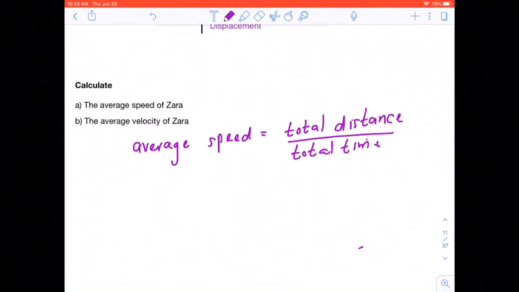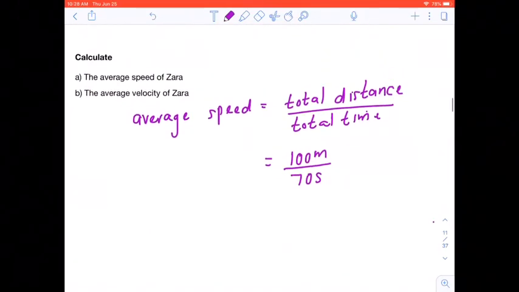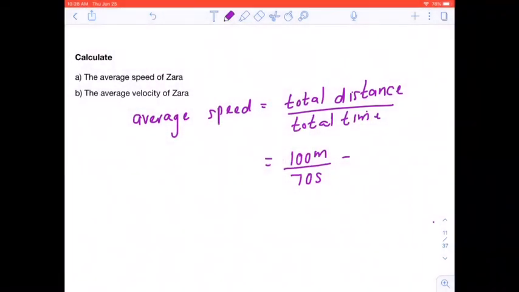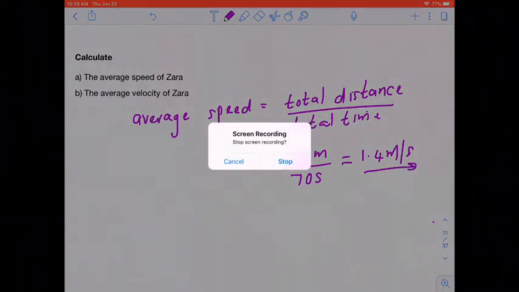Total distance is equal to 100 meters, and the time taken is 70 seconds, which then means that it is equal to 1.4 meters per second. That's the average speed.